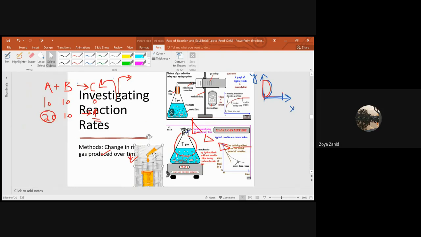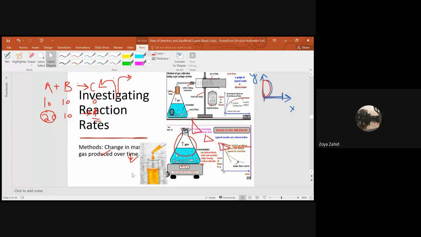Miss, at the end time of the reaction, for example, of product C, will this end time be the same for one that has less concentration? No. The amount of product which is formed in a particular period of time, are you saying that the amount of product formed with less concentration is going to change or not?